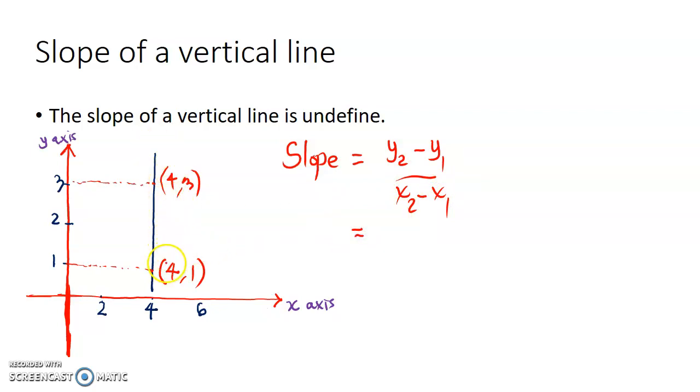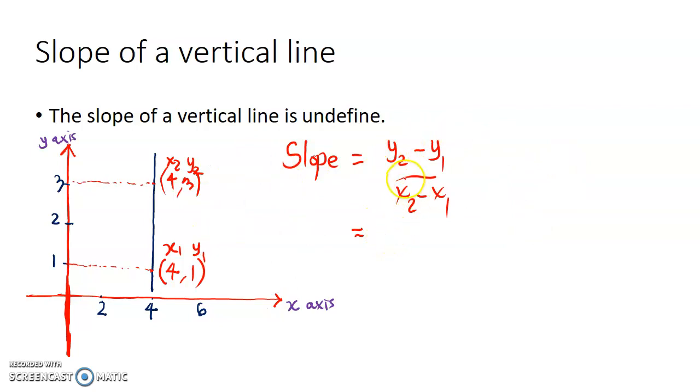I know that this is my x1, and this is my y1, and also this is still x1, or I can call it x2. It doesn't really matter. So the value of x1 is still the same as x2. My y2 is 3 here. So let me plug in those values here.